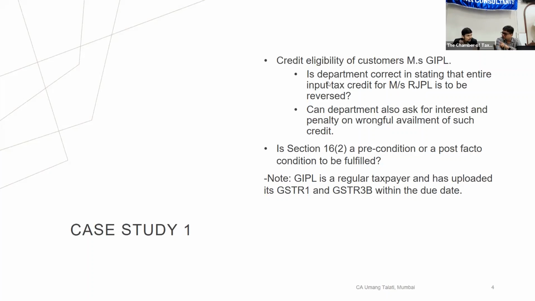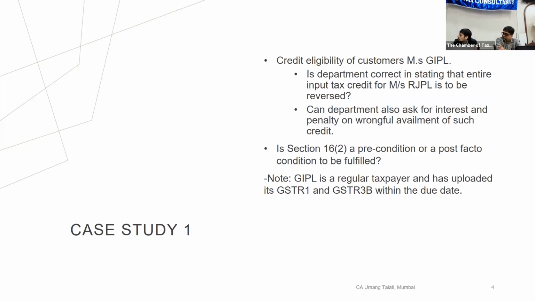He's monitoring. In fact, one more point which I want to highlight is he has specifically highlighted that he is a regular taxpayer, GSTIN, and he has uploaded GSTR 1 and 3B regularly. So this itself shows that this was merely a procedural lapse which happened, and there was never an intention of a fake invoice or something of that sort which we were discussing earlier.